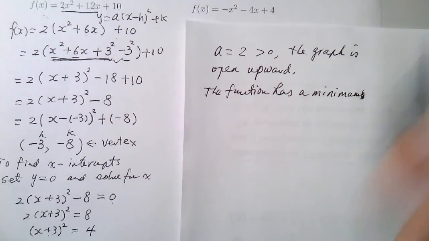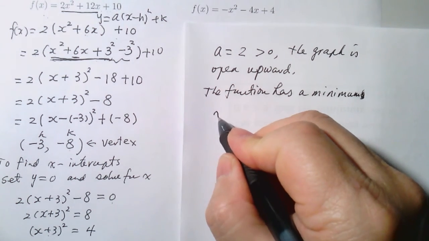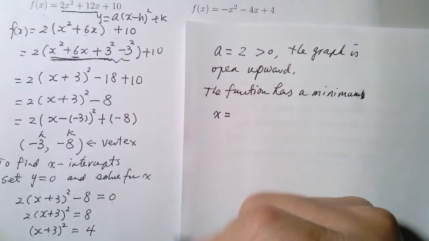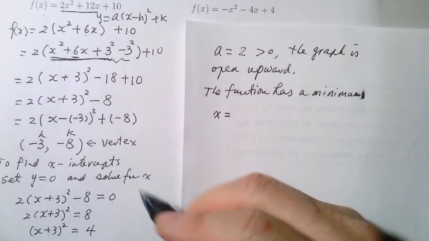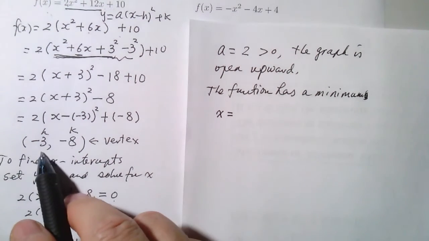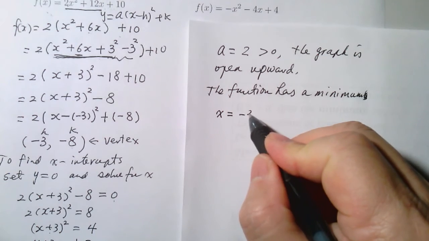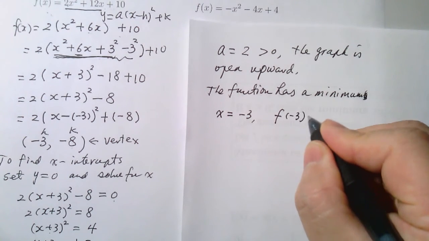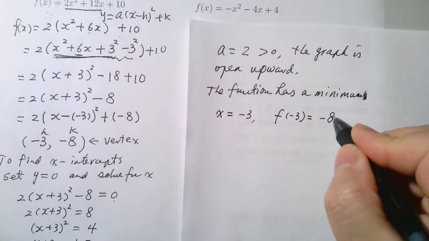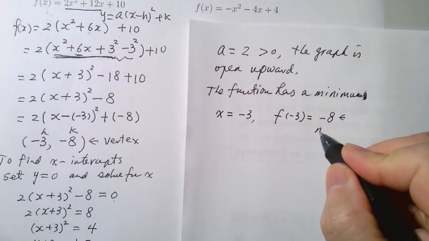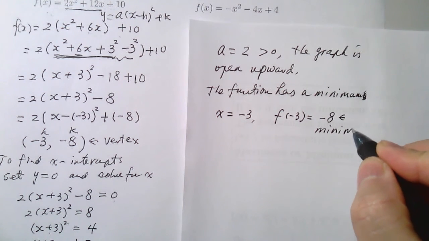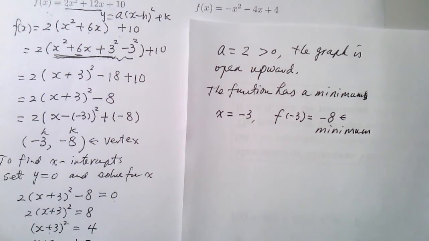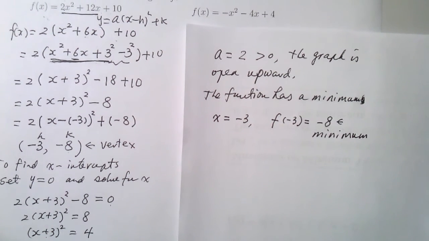Which means when x equals h, which is negative 3, f of negative 3 equals negative 8. This is the minimum. So we found the minimum.